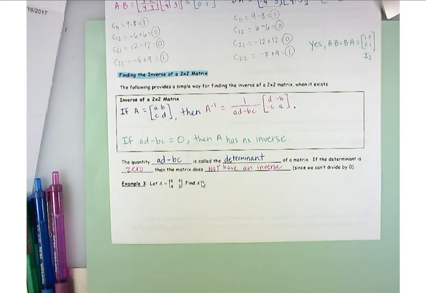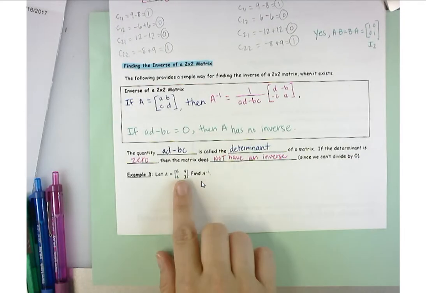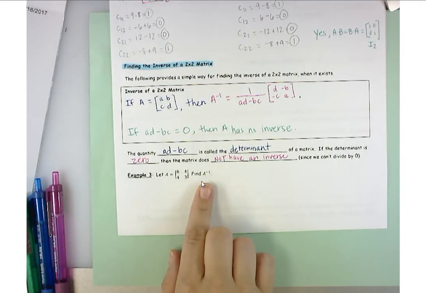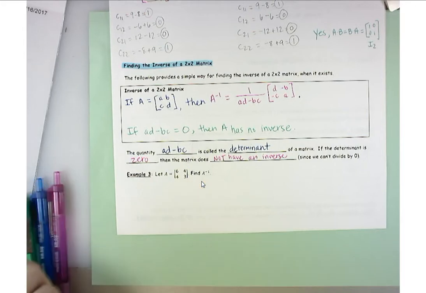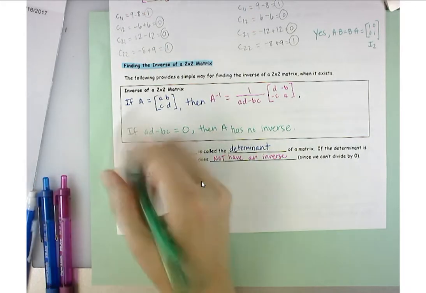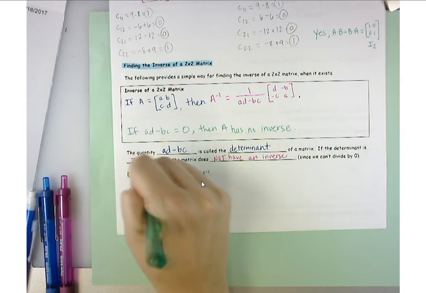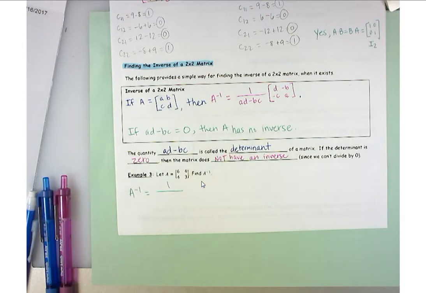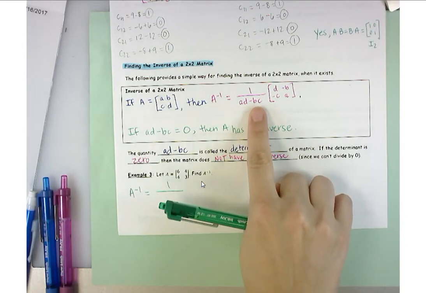Alright, so for example 3, if you're given this is your matrix A and you want to find A inverse, let's do that using our new equation. So the inverse would be 1 over AD minus BC.